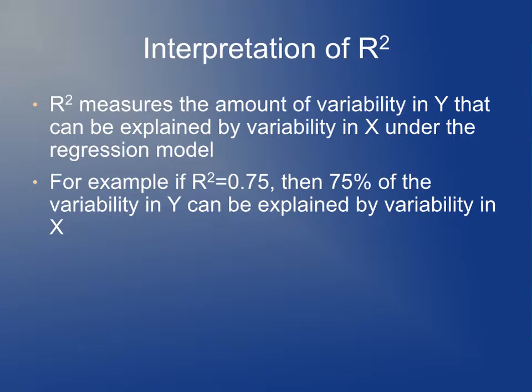So the way you interpret R-squared is R-squared will measure the amount of variability in y that can be explained by variability in x under the regression model. For example, if R-squared equals 0.75, then 75% of the variability in y can be explained by variability in x.